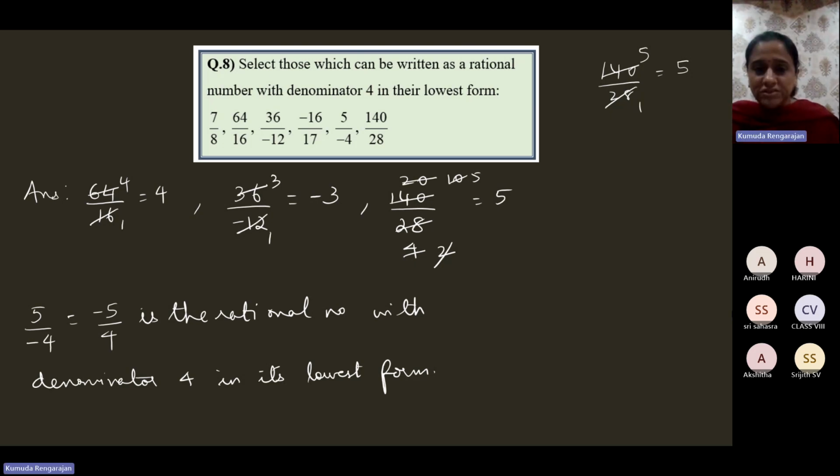So simplest form is if the numerator and denominator have a common factor, you must reduce the rational number using that common factor. Also, if both the numerator and denominator have a minus sign, you can cancel out the minus sign.